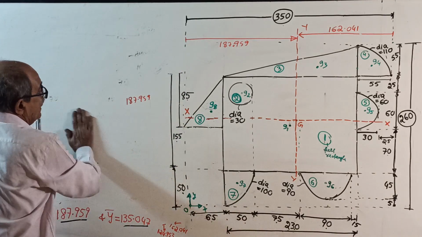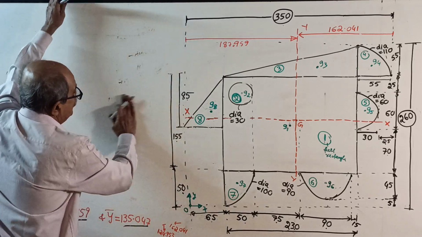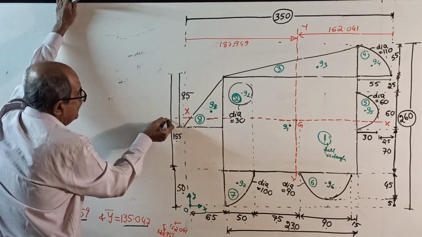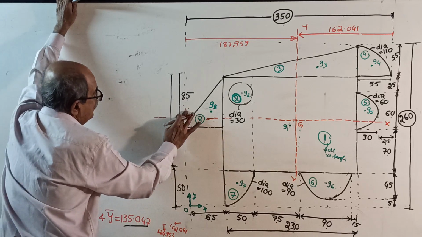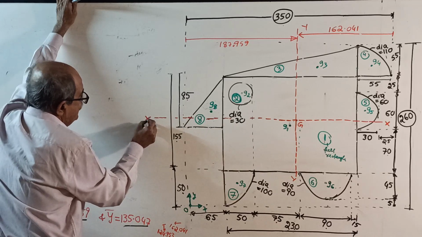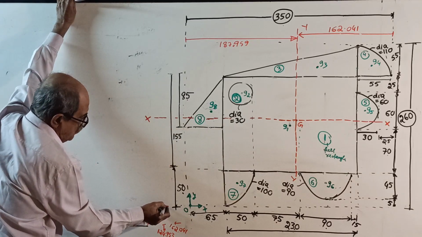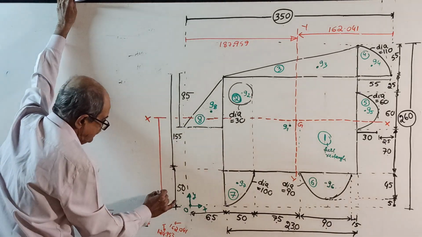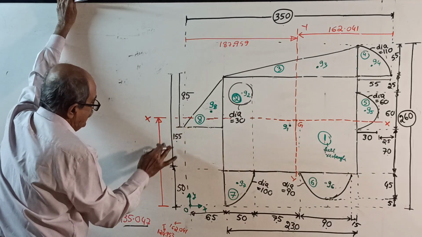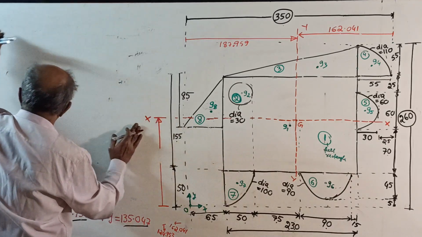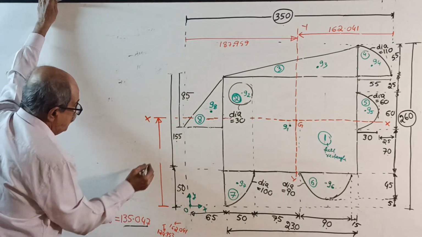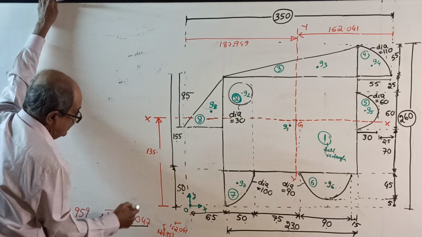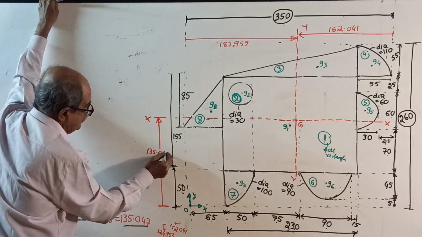Now, writing problem, there is no place. This space I want for moment of inertia. So what I will do is, I will extend the x-axis here. See, I will break here, come here, and put x-axis here. Available space I should manage today. This distance is your y bar. I will remove this one. I want more space here. 135.047, you write in big letters.